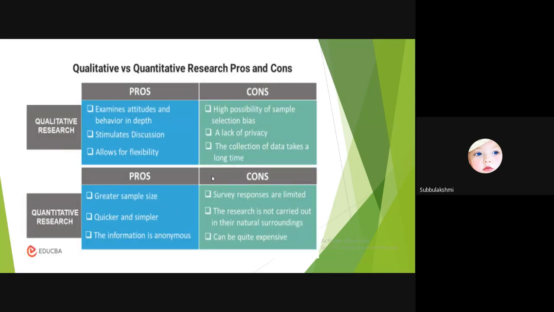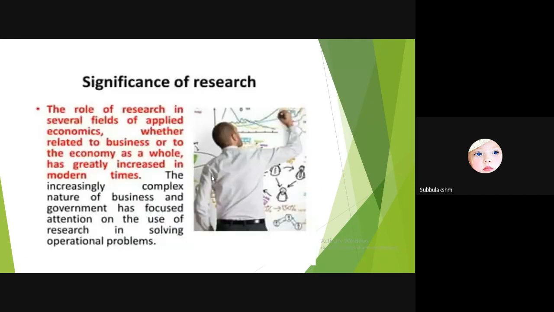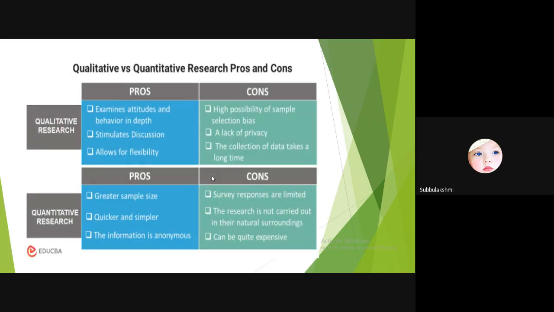Next, what are the pros and cons of qualitative and quantitative research? When you take up qualitative research, it is concerned with attitude and behavior, and it allows flexibility. When you talk of the cons, it has a high possibility of sample selection bias, a lack of privacy, and the collection of data takes a longer time.